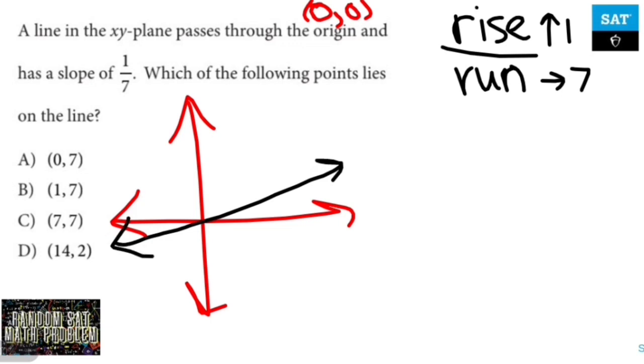Okay, so if this is 0, 0, then up 1 over 7 would give you a point of 7, 1. I almost wrote that incorrectly. 7, 1. If you were to do it again, maybe you have a point over here. That would be 14, 2. And so on and so forth.